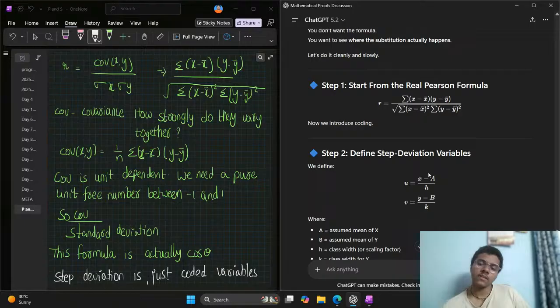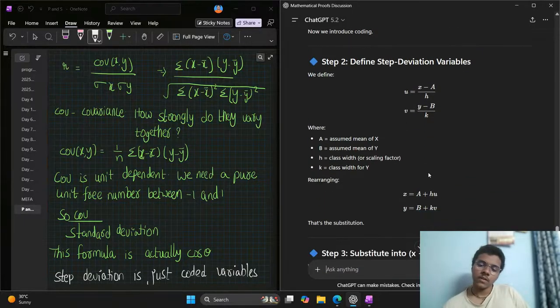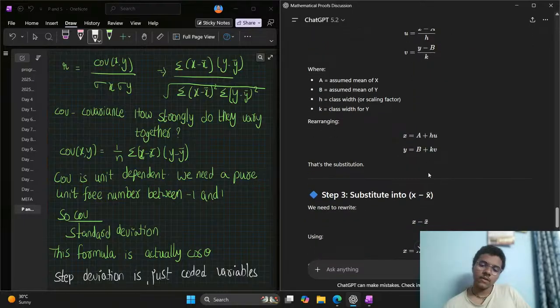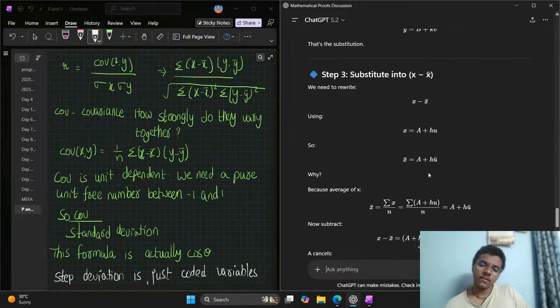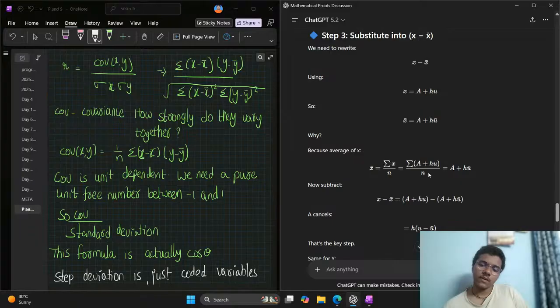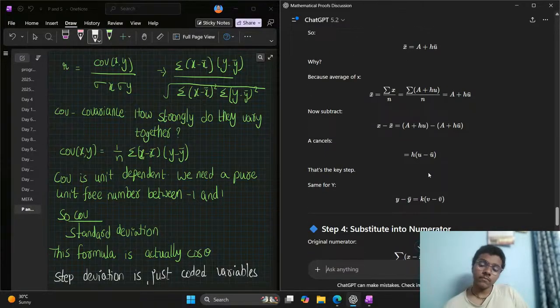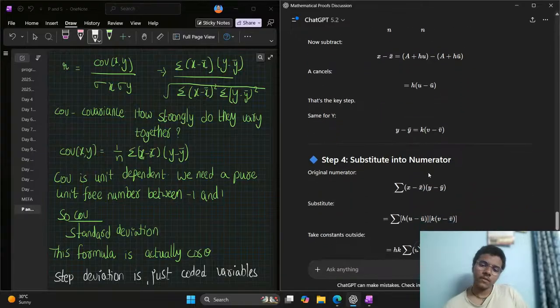Yes, this is the real Karl Pearson's formula. Okay, rearranging. All right.